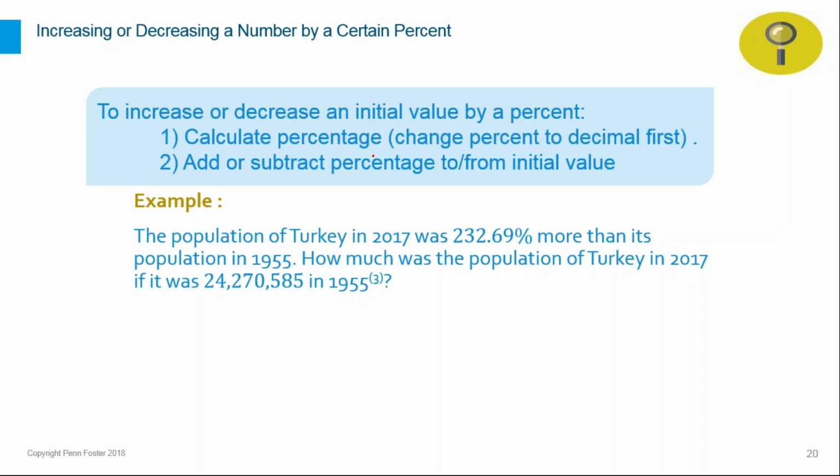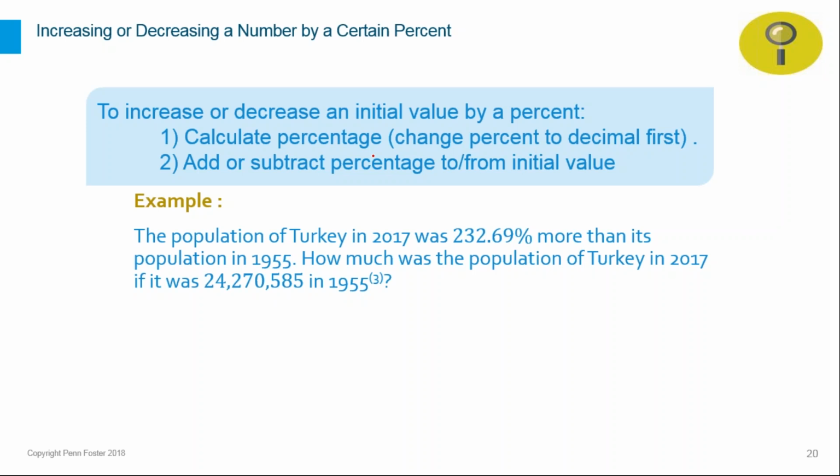What is the initial value? So now we know that there has been an increase. So it was some kind of a number in 1955. The increase was 232.96% more than the population. So I need to figure out what is the end population in 2017.